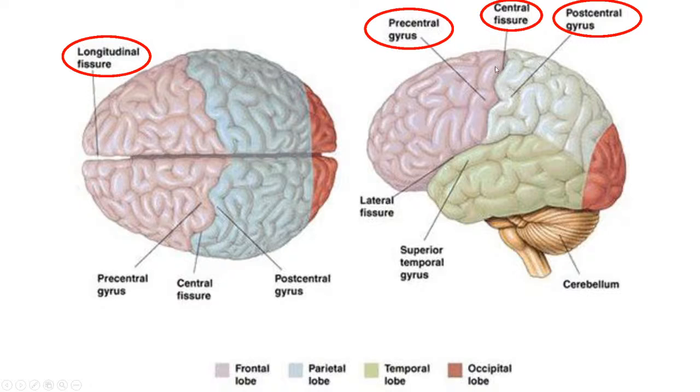Anterior to that is the precentral gyrus, and this is the primary motor cortex. Okay, and so this gyrus is going to be responsible for initiating body movements. All right, now we initiate the body movements here in the precentral gyrus, and then the cerebellum, seen down here, is going to be responsible for coordinating those body movements.